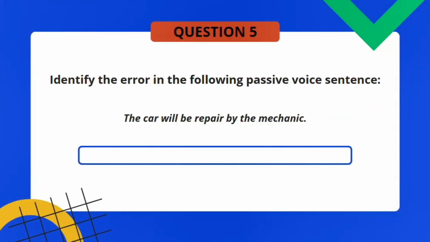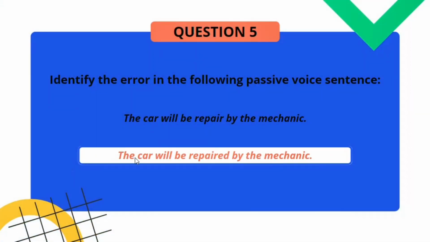Identify the error in the following passive voice sentence. The car will be repaired by the mechanic. We use the past participle form of verb, and here we can see the base form of verb.